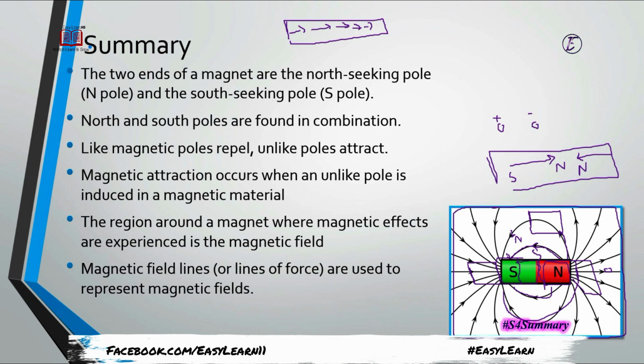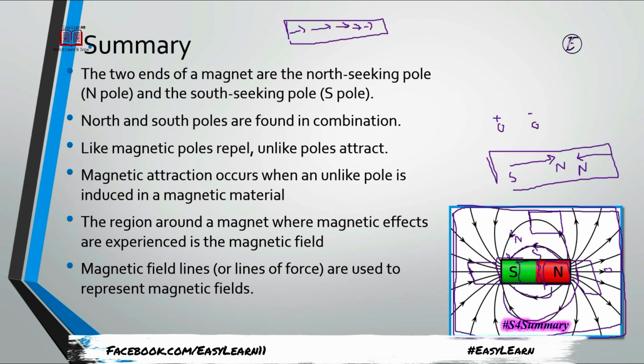The region around a magnet where the magnet's effects are experienced is called the magnetic field, in this box, because the magnetic field lines are experienced anywhere in this region, and this is very important for analysis. It depends upon the size of the magnet and its intensity, and the magnetic field lines are more at the south and closer to the north.